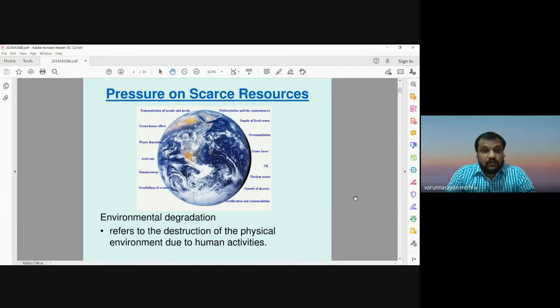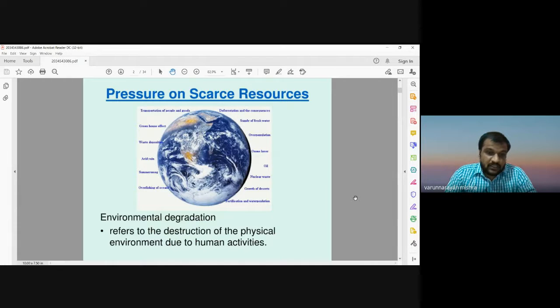Desertification is also a problem which is causing pressure on the earth surface. Then fertilization, water pollution. Also there is a problem of acid rain, waste disposition, greenhouse gas effects, which is an important factor in terms of climate change, and greenhouse gases are also affecting air quality and transportation of people and goods.